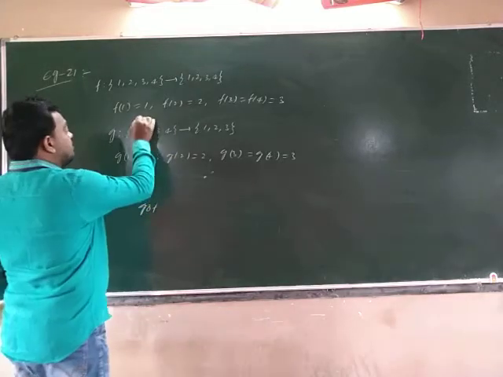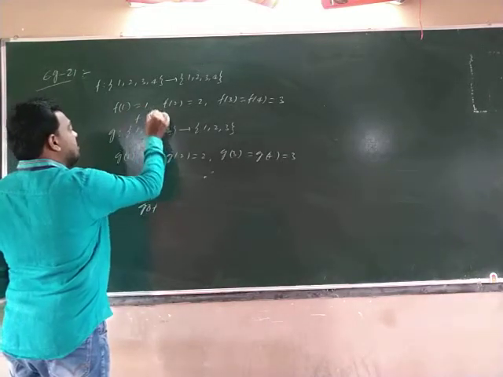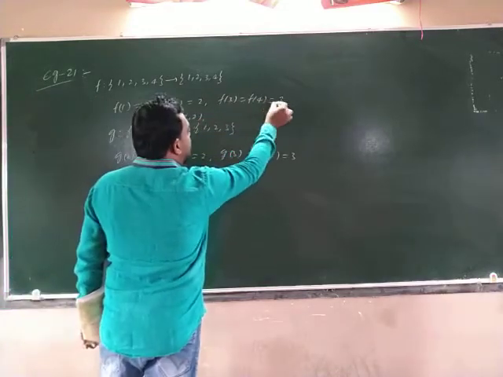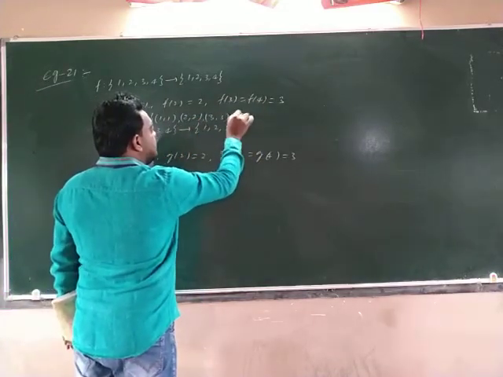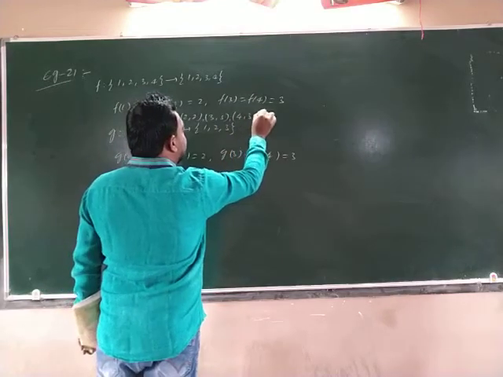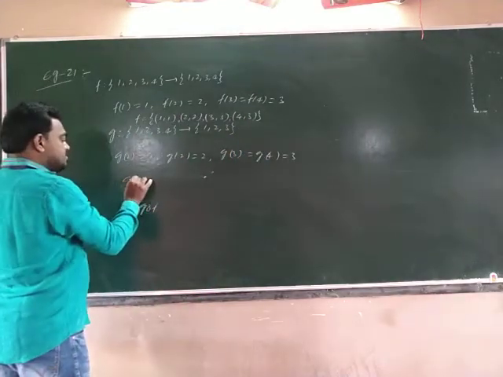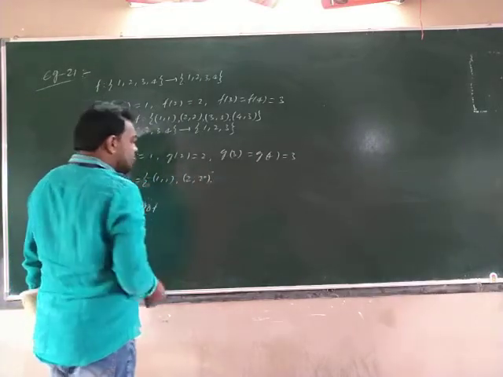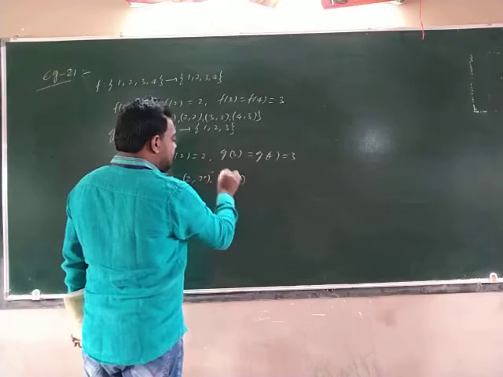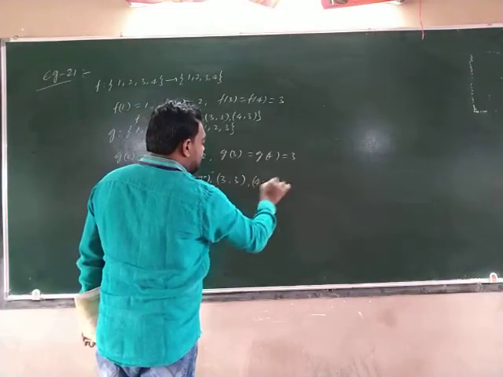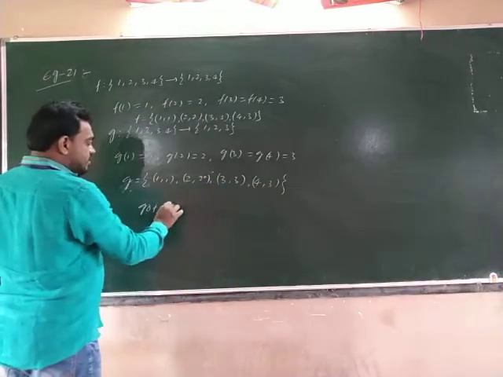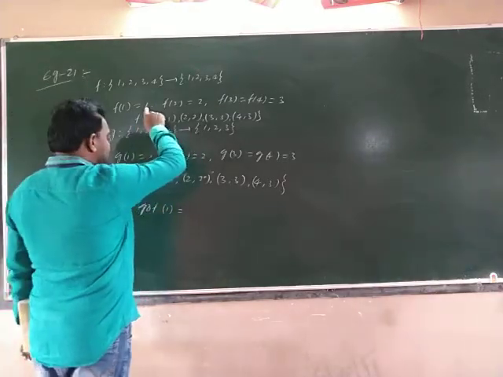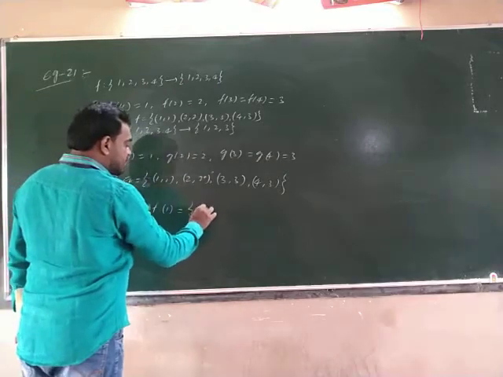Now G circle F, what do we see? Here, what are the elements of F? 1, 2, 3, 4 mapping to 1, 2, 3, 3. Next, the G elements. G(1) is what? F(1) is 1, and G(1) is 1, so G circle F of 1 is 1.